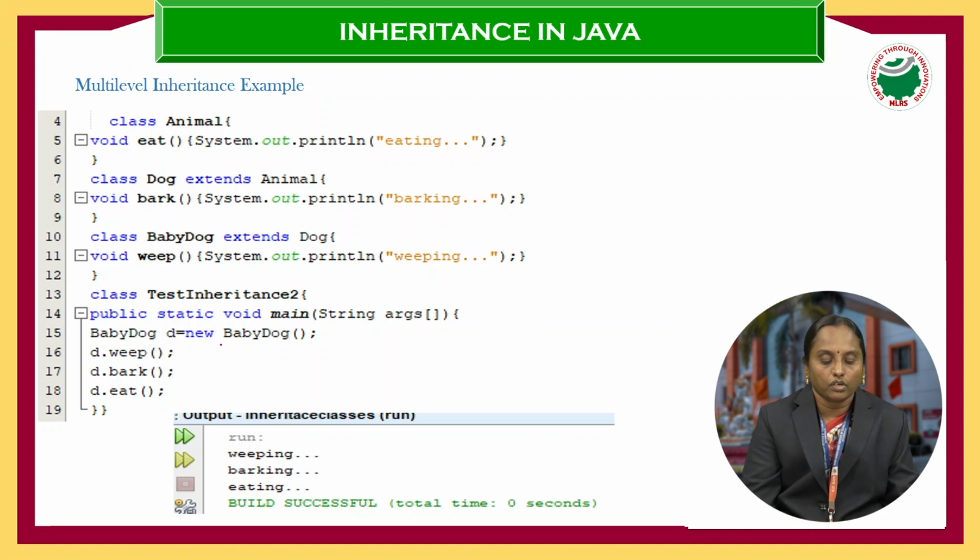BabyDog d equal to new BabyDog. With d dot weep, we can call the method of baby dog. We can call the methods of dog, and we can call the method of animal class also. So after the execution of this program, we get the output weeping, barking and eating.